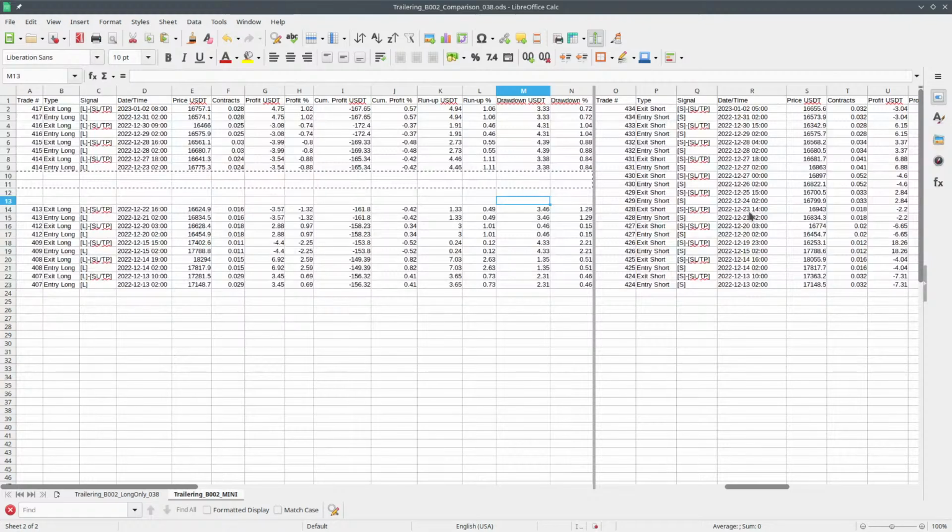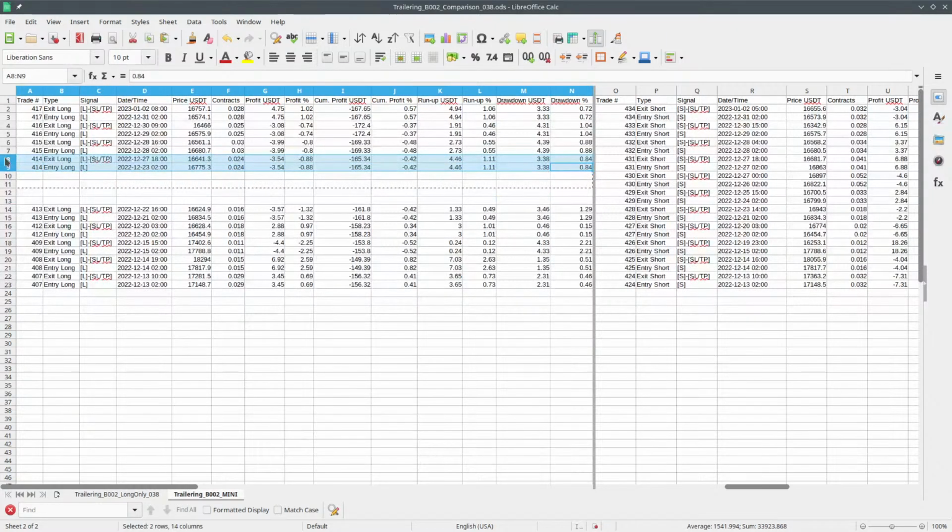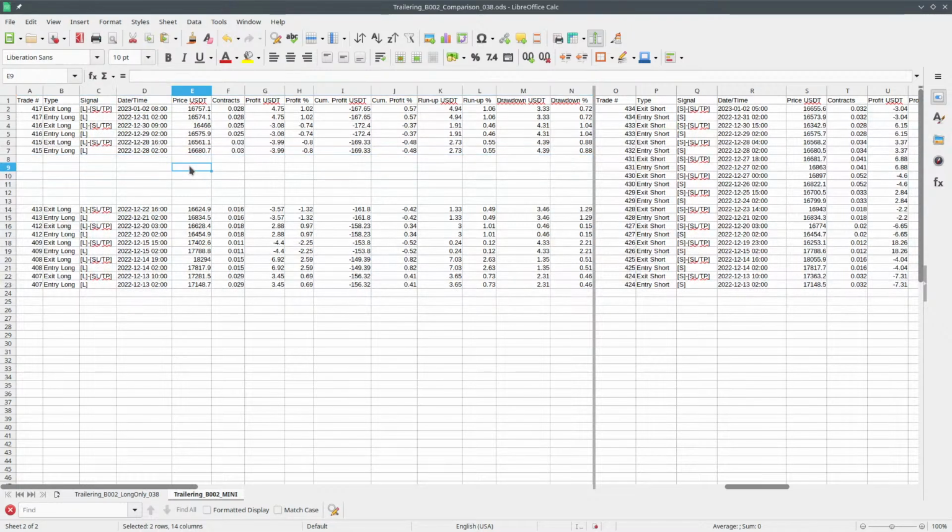Where does this end? 23 December. So 23 December. So as you can see, we cannot do this 23 December stuff. And we cannot do this 24.